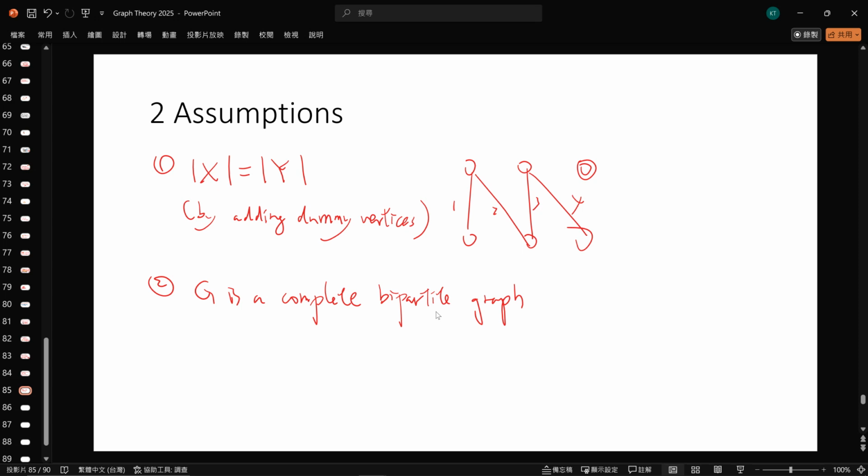To satisfy this assumption, we just add, again, dummy edges.